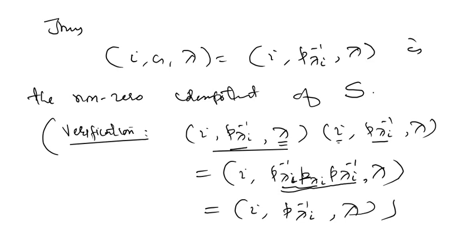तो ये इसका नॉन जीरो आइडेंटिटी है. अब आपको प्रूव करना है कि इसमें मिनिमल नॉन जीरो आइडेंटिटी है. इनफैक्ट वी विल शो दैट एवरी नॉन जीरो आइडेंटिटी is minimal.